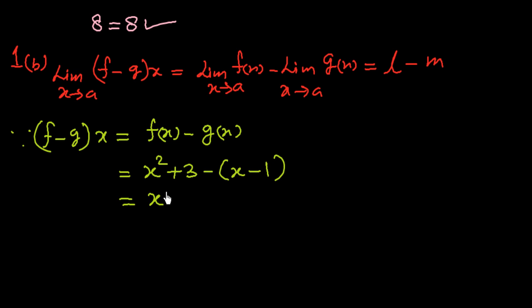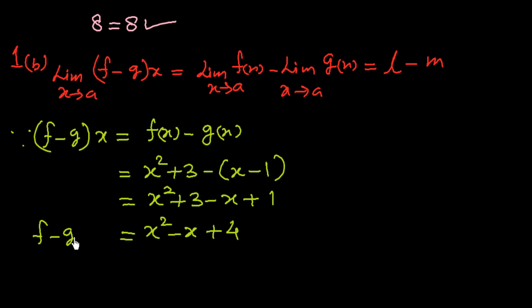If we simplify this, x square plus 3 minus x plus 1, we get x square minus x plus 4. So it is (f minus g)(x). We have got this. Now I put one line here for explaining this. Now we have to find the limit of this function.